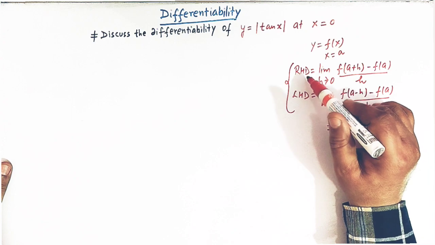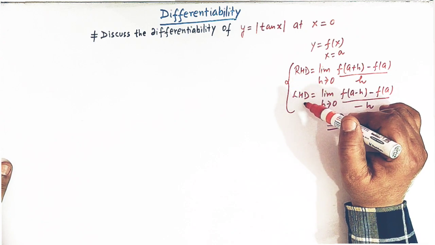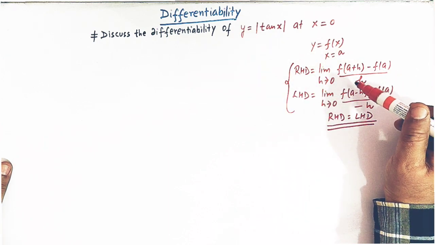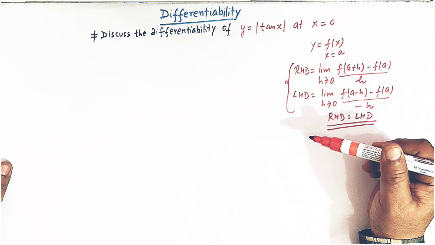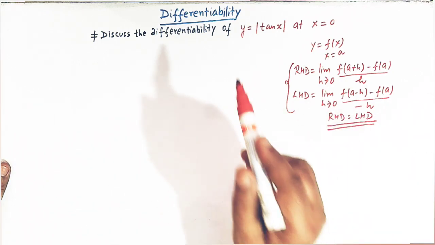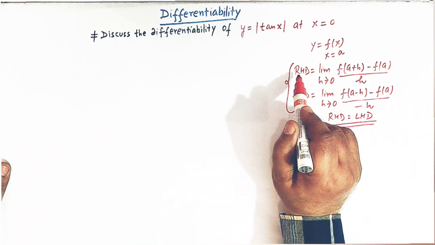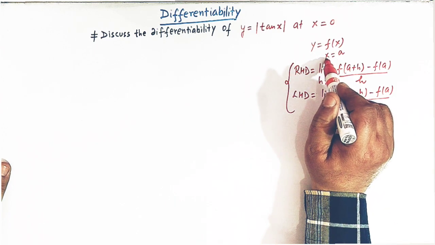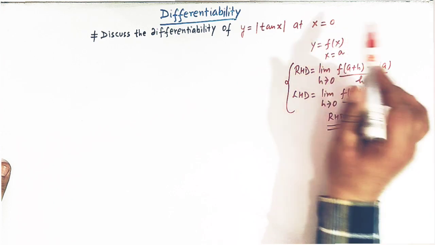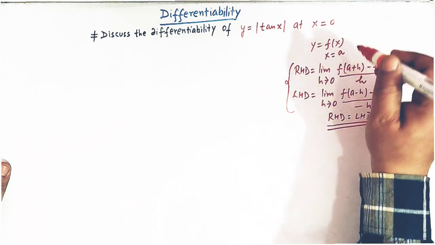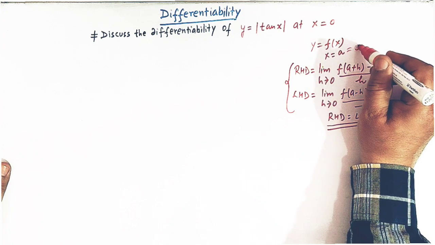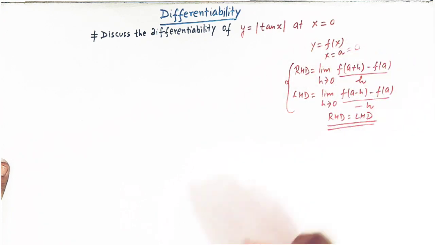And if either of them is not finite, in that case also we can say that the function is not differentiable. In this case our point is x equal to 0, that is a is equal to 0.